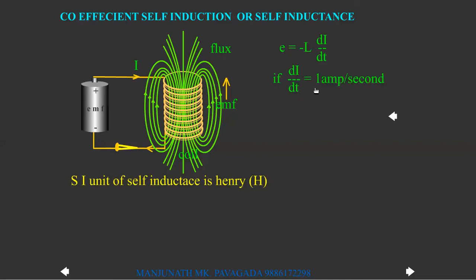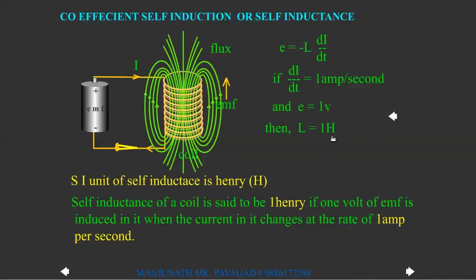If dI by dt is equal to 1 ampere per second, a unit rate of change of current, and this produces an EMF of 1 volt, that is E is equal to 1, then the equation becomes L is equal to 1 Henry.